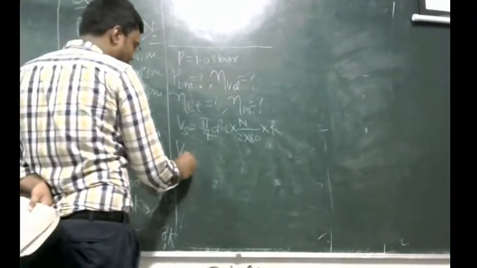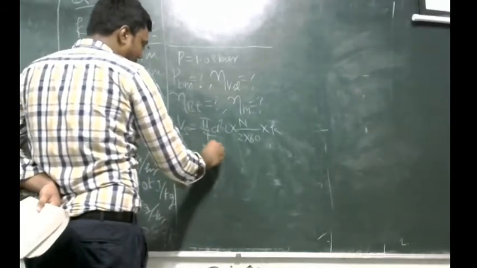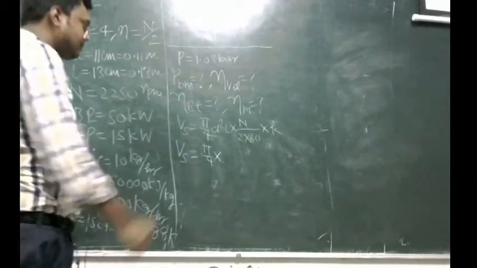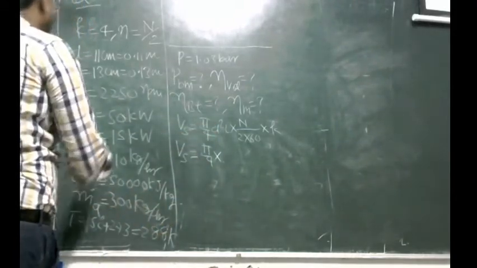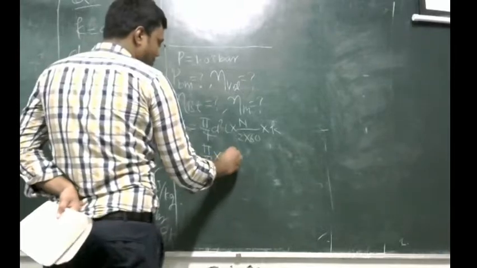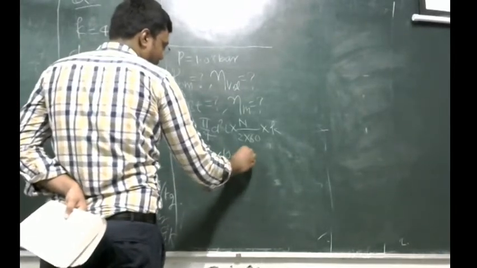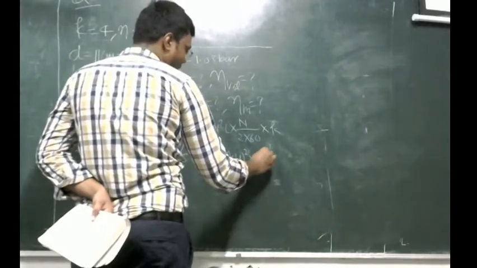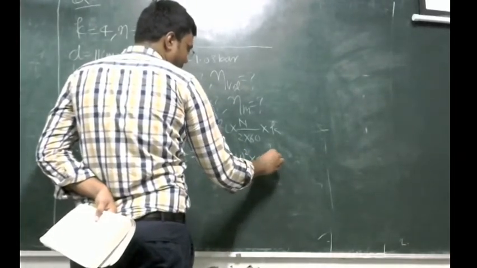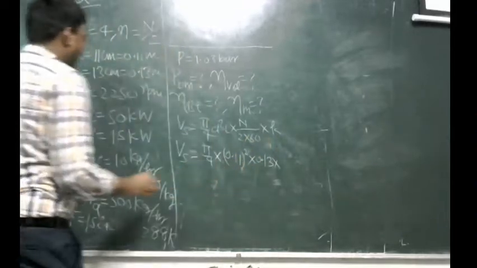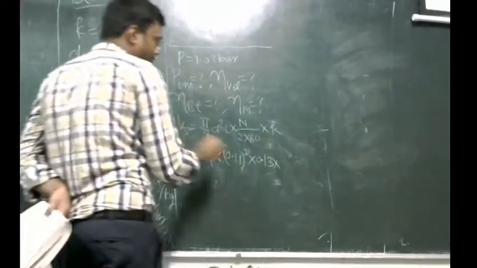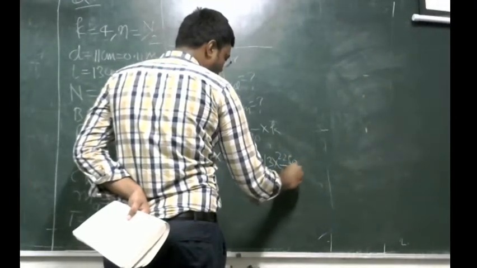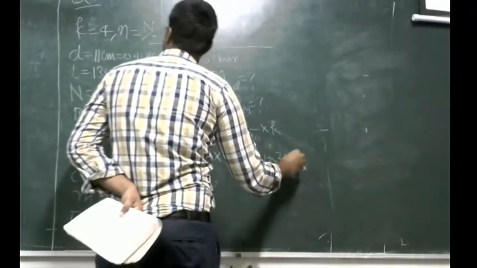So we get Vs equal to pi by 4. What is the value of D here? D is equal to 0.11 meter, squared, into L equal to 0.13, into N, which is 2250 RPM, divided by 2 into 60, into K equal to 4.